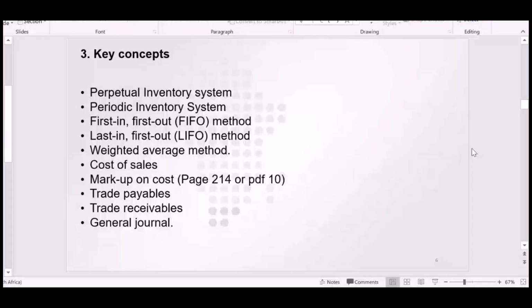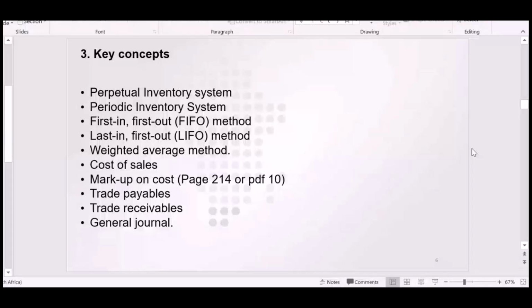And the weighted average method here, remember, these are methods of calculating the cost or the value of inventory. Remember, when we baked our bread yesterday, the flour that we used yesterday we bought for 5 rands per kg. But remember, commodity prices change on a daily basis, sometimes on a minute basis. The flour that we used to bake today, the price might have increased to 7 rands.